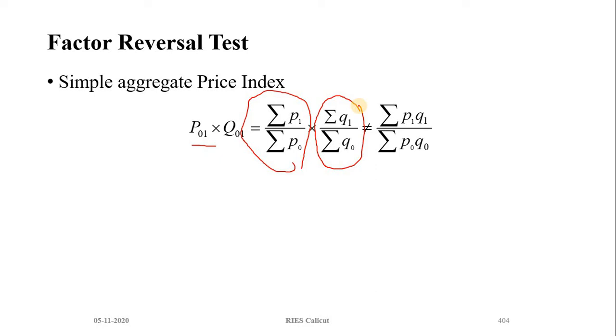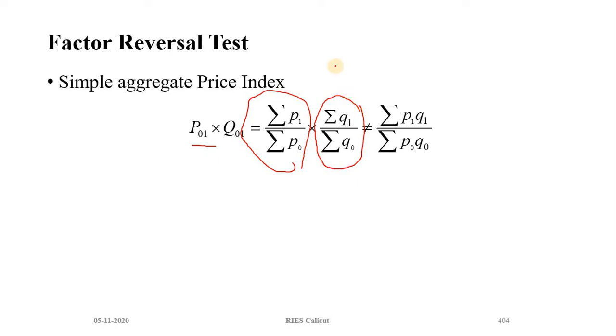Then if you multiply this, you should get sigma P1 Q1 divided by sigma P0 Q0. But when you take a numerical value and calculate and multiply this, you won't get sigma P1 Q1 divided by sigma P0 Q0.